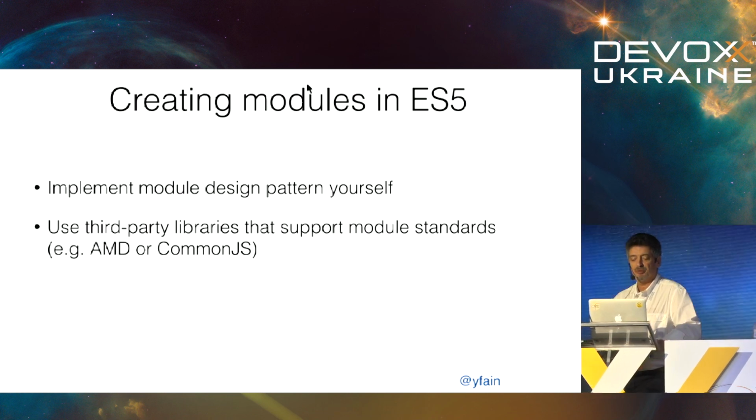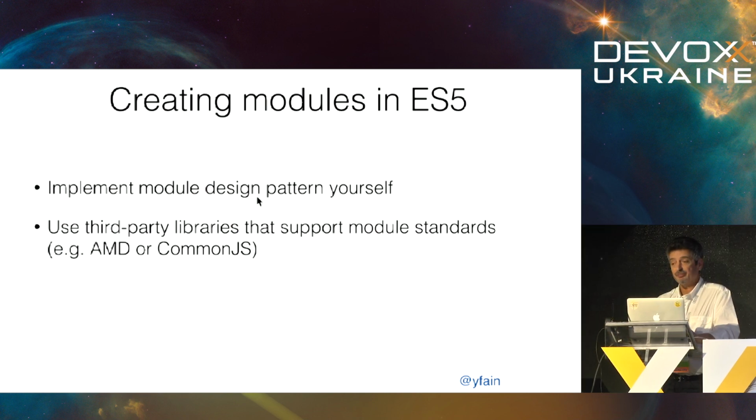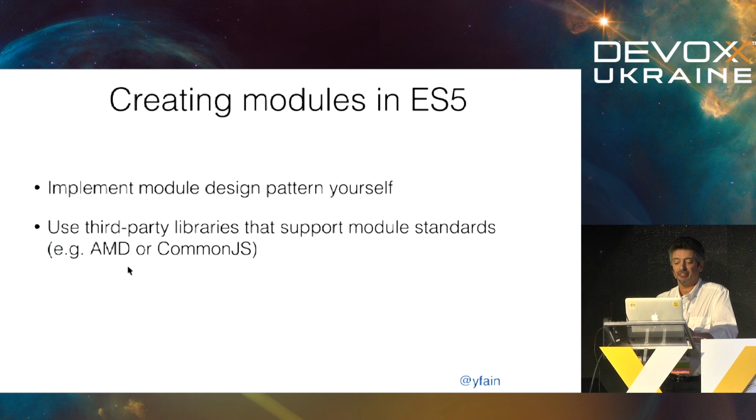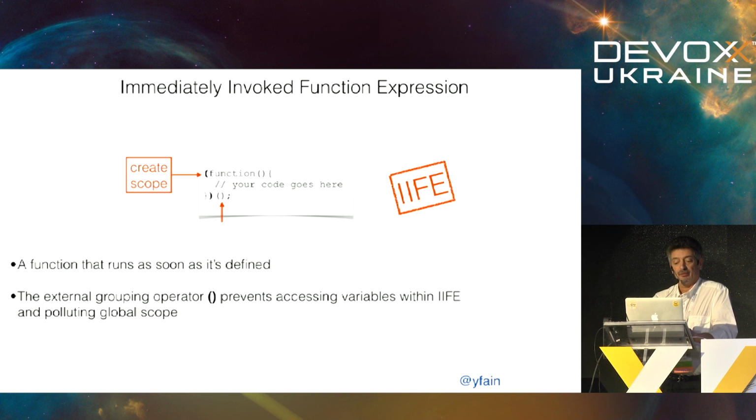You could implement the module design pattern yourself, or you could use one of the popular libraries that lets you cut the app into pieces and load portions of them. Require.js, if you know, implements the AMD standard. Node.js implements the CommonJS standard.